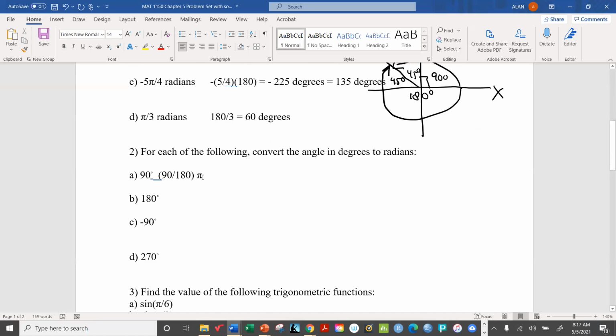In fact, why don't we do it this way? Let's use our 90 and multiply it by pi over 180. I think this way it'll be more clear what we're doing. So it should be pretty clear that in this case, you're going to wind up with pi over 2.